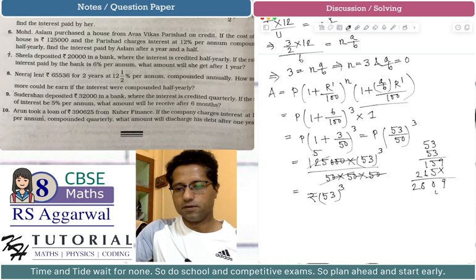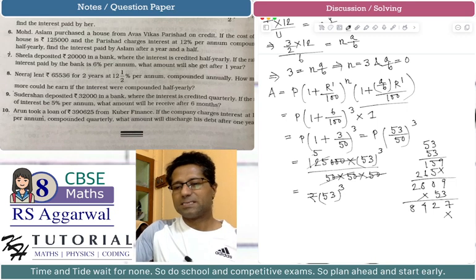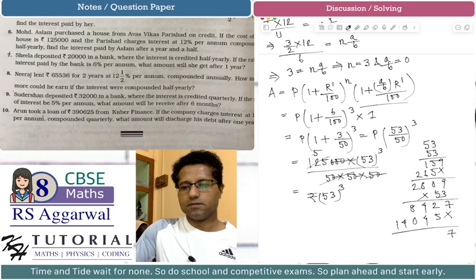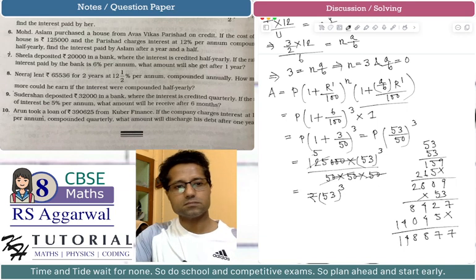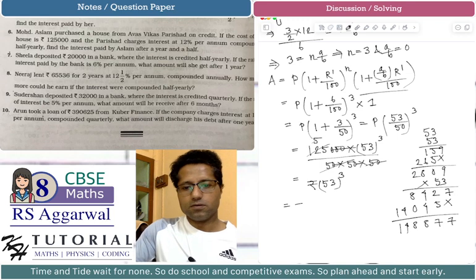And again multiplied by 53 gives 148,877. So this is equal to rupees 1,48,877.